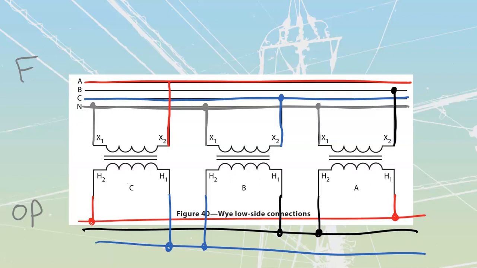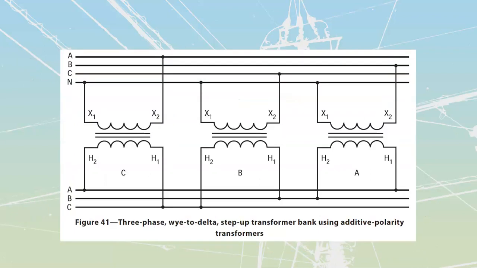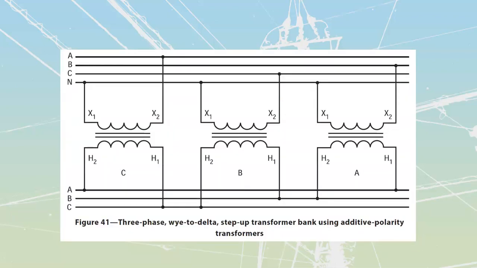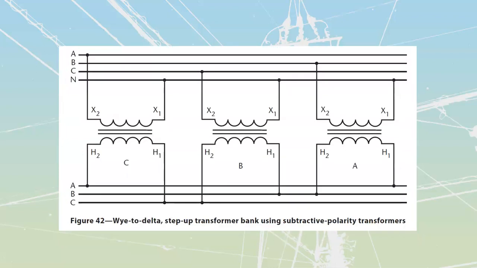You can compare this drawing to your figure 41 inside of your book. Figure 41 is what they show inside of the book there. What we have over here is identical to that figure 41, just we're once again in color over here. As before, we can use different polarities of transformers. We can use subtractive transformers.